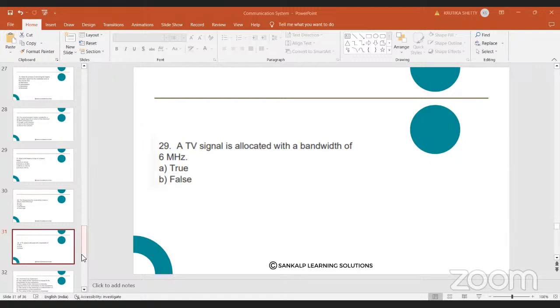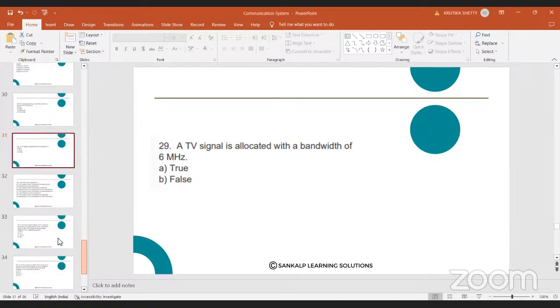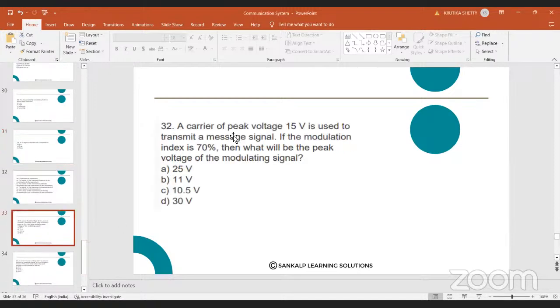Then the next question, a carrier of peak voltage 15 volt is used to transmit. If the modulation index is 70%, then what will be the peak voltage of the modulating signal? Here the peak voltage is 15 volt and the modulation index is 70%.